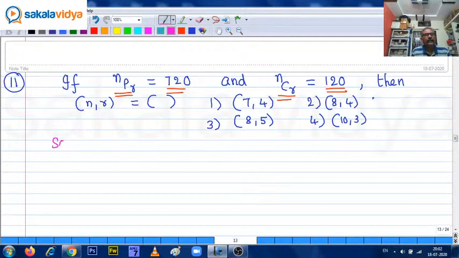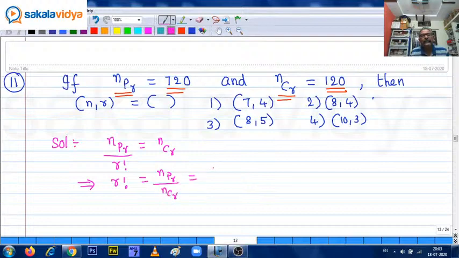We know that nPr by r factorial equals nCr. Am I correct? So here we can write r factorial equals nPr upon nCr, so 720 upon 120.